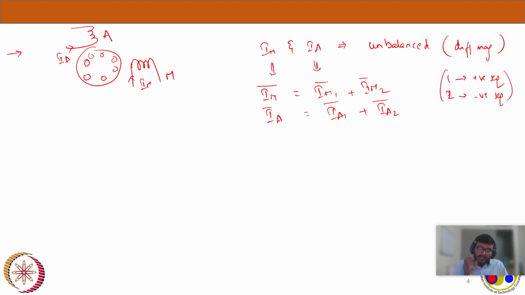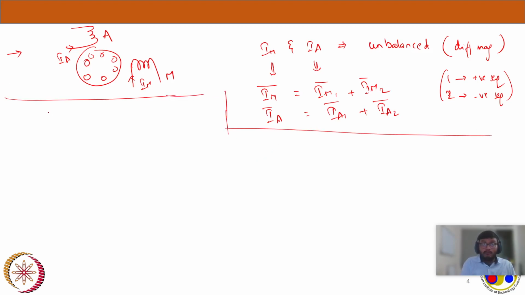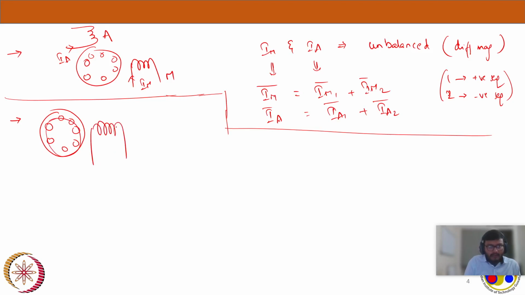Now, this concept we are trying to apply to our single-phase machine. If you pay attention, this will be a very interesting discussion. Let's consider a single-phase induction machine that runs on only a single winding, with a short-circuited rotor.